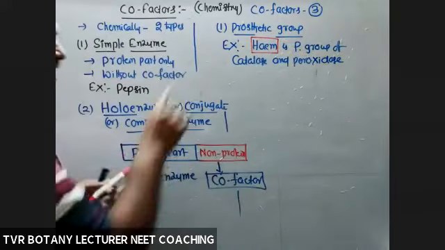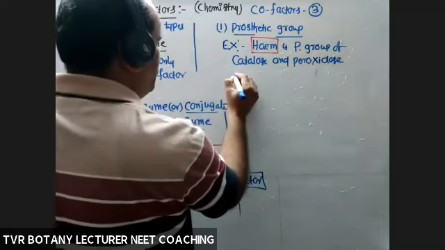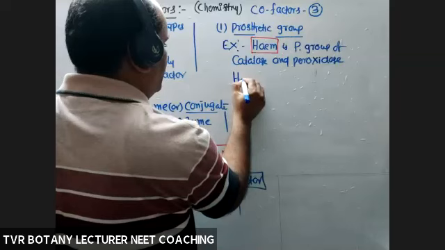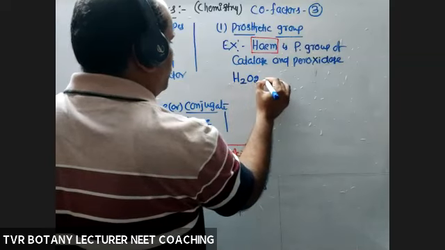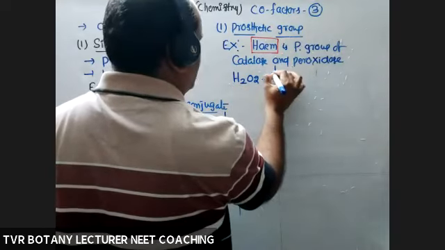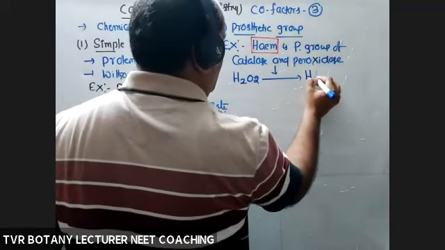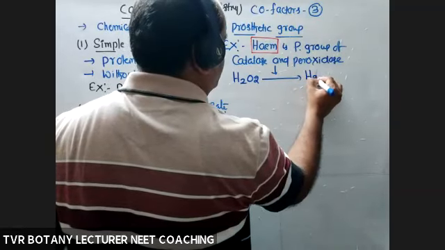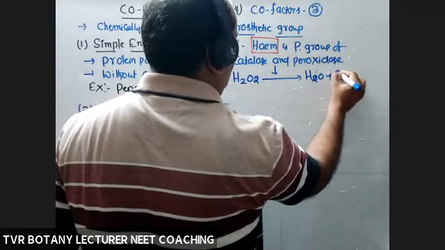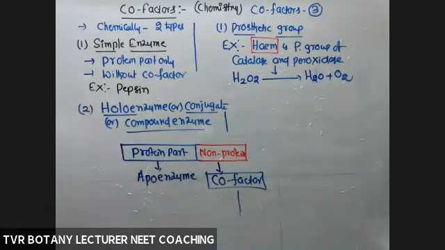And what is the role of these two enzymes? They are able to cause the oxidation of hydrogen peroxide. These two enzymes are concerned with hydrogen peroxide conversion into H2O plus oxygen. A high concentration of hydrogen peroxide is toxic, and that toxicity is removed by catalase and peroxidase.